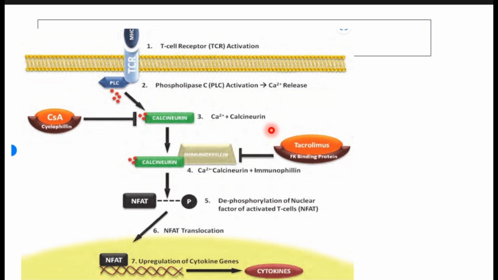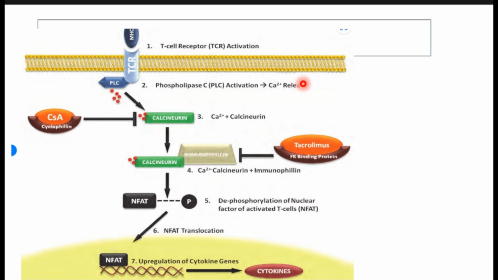So let's see the mechanism of action in detail. Initially, as the allergen is detected by the T cell receptors, there will be triggering of an intracellular signaling, right? And at this point, there will be phospholipase C activation. Once this phospholipase C gets activated, there will be release of calcium from the intracellular stores.